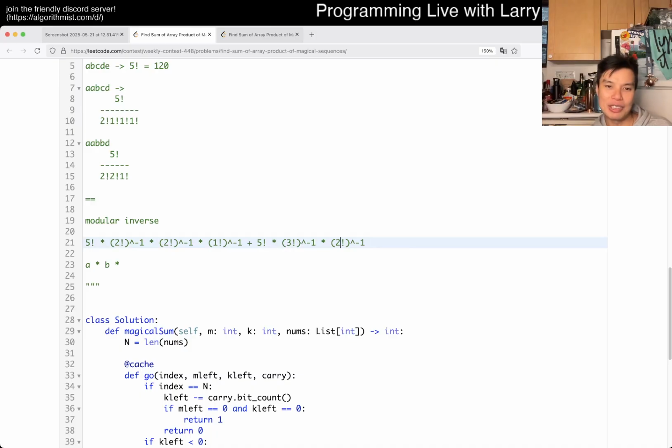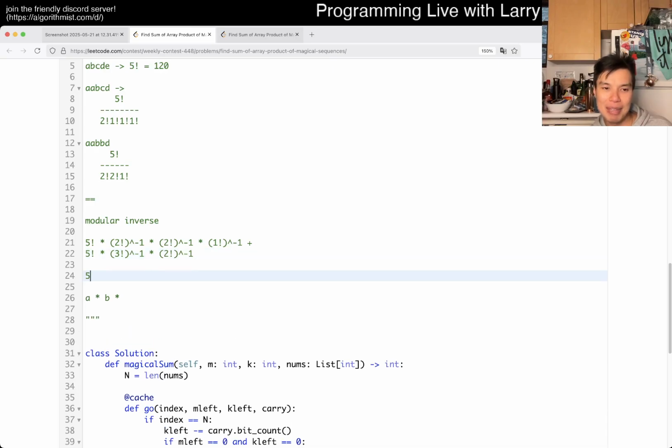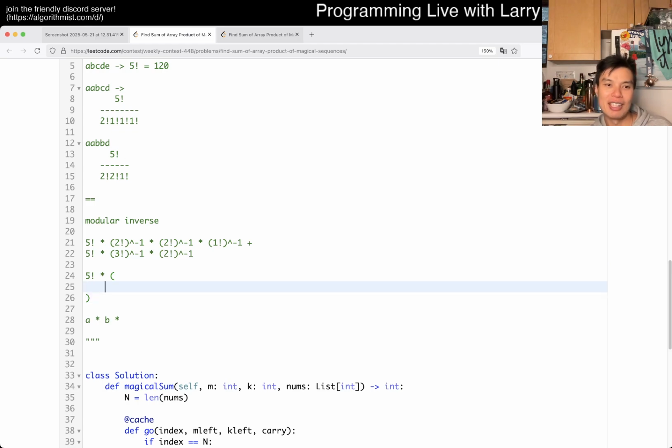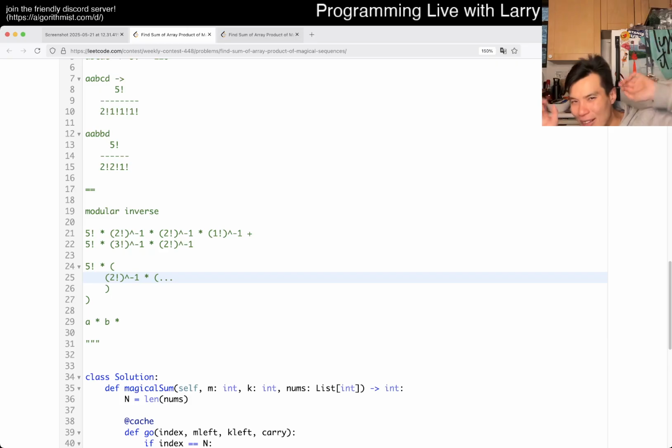And then the way that you can rewrite this is that now you can group them to something like this, and then maybe put parens, 2 factorial times, and then now parens, right? And then so forth. I know I'm hand wavy a lot, but that's basically the idea.